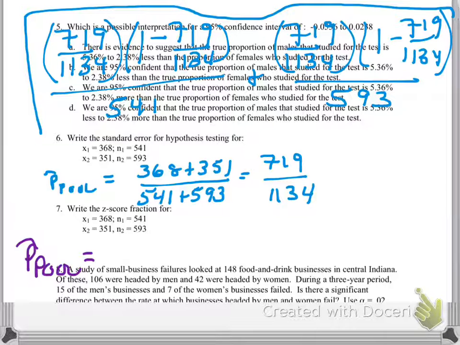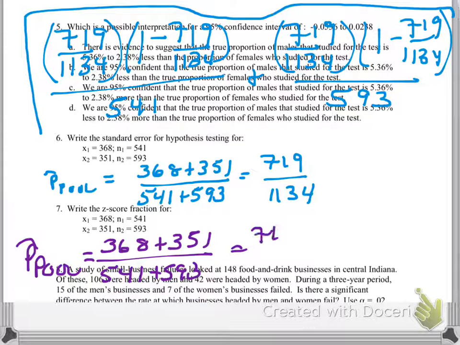I think I can just put this into my graphing calculator. So I'm going to go to stats, tests. I don't think it matters. Oh, okay, I'm going to do this. So what do I get? 368 plus 351 over 541 plus 593, which is 719 over 1134.